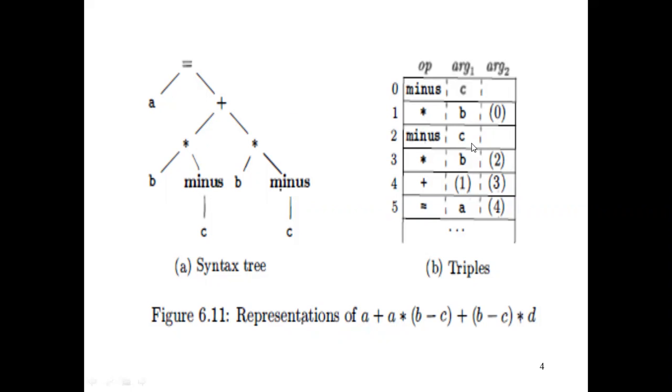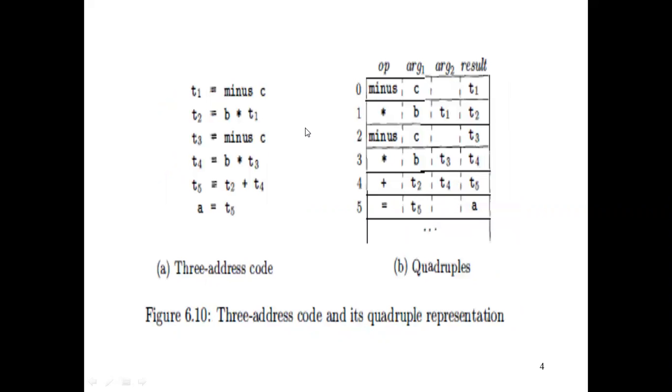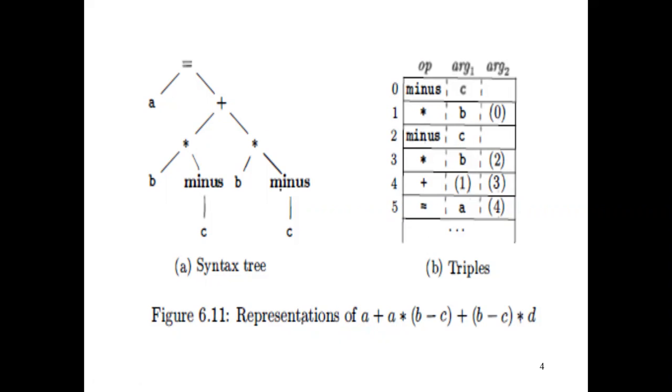Now I think you have already understood how we will write the quadruples, and now how you will write the triples. So what is the manner to write the triples? You can see here, just operator symbol, argument 1, argument 2. So what is the difference between the quadruples and triples? Here you can see there is no column for the result.